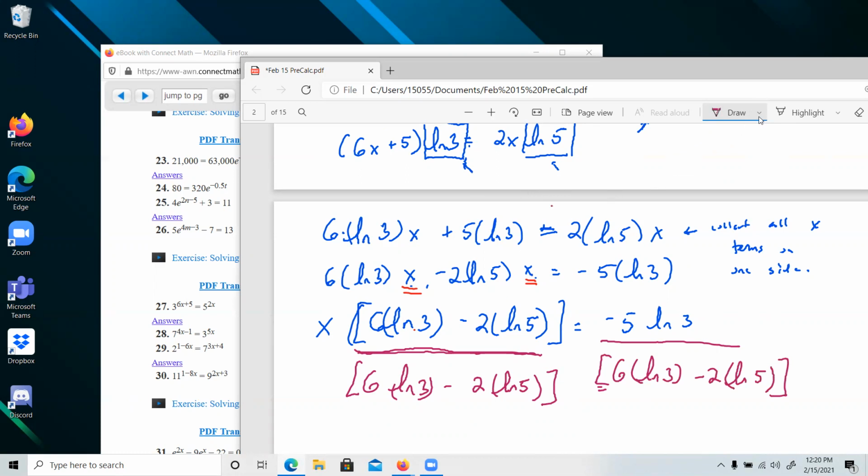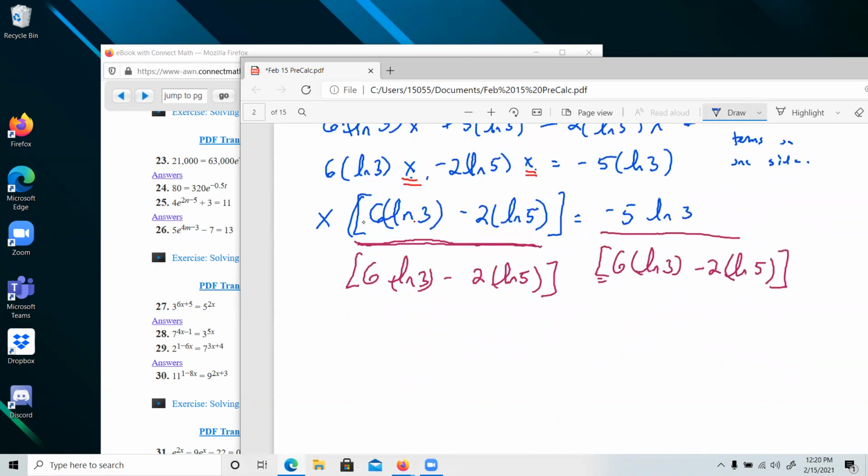At that point, we could say something clever like x is equal to negative 5 natural log of 3, all divided by 6 natural log of 3 minus 2 natural log of 5.